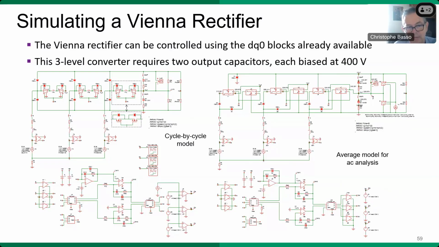The Vienna rectifier pushes the bar a little bit higher in terms of analysis, of course. And you can see here now, I've got the two back-to-back or the three bidirectional switches that can be replaced by MOSFETs once this model has been tested. I'm using DQ0 modulation. I have another circuit where I implemented space vector modulation in LTspice.